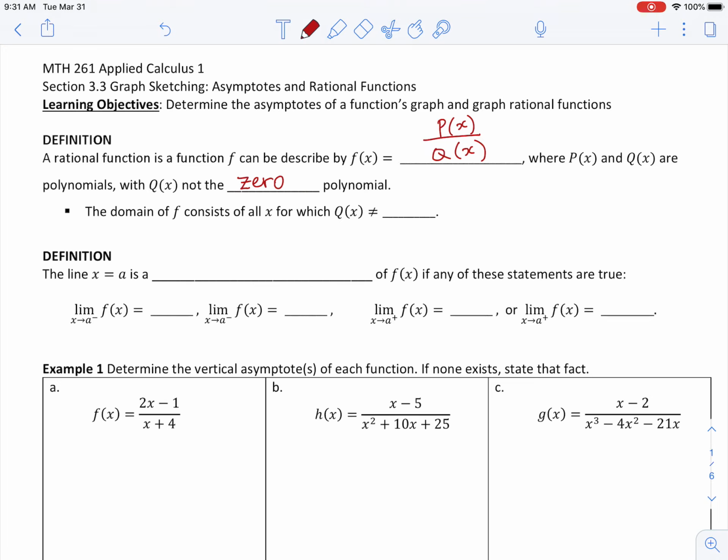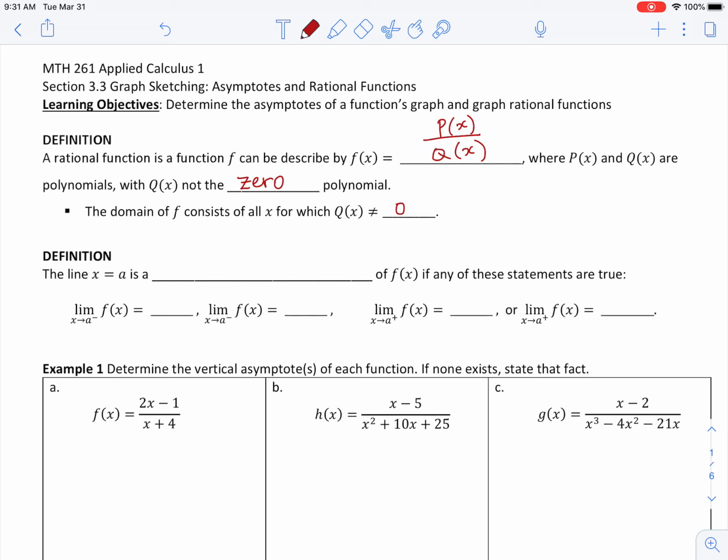When we are asked to find the domain of these rational functions, remember we simply find the excluded values, and the excluded values are whatever x values make Q of x equal to 0. And this really connects with the vertical asymptote.